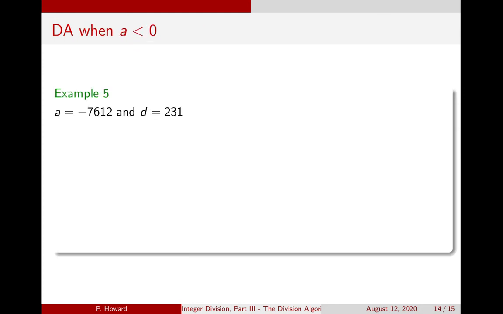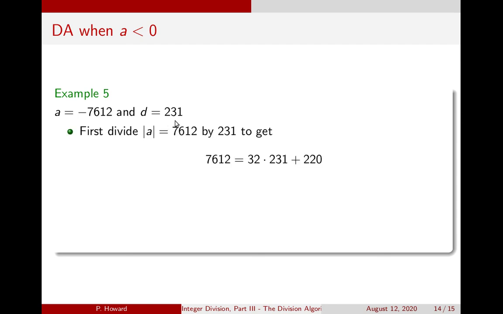So let's try this on an example. We want to divide minus 7,612 by 231. We first divide 7,612 by 231.